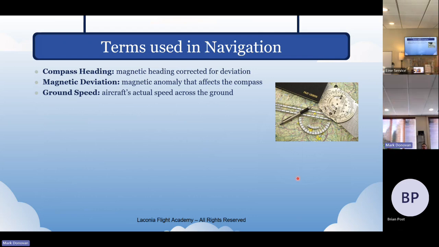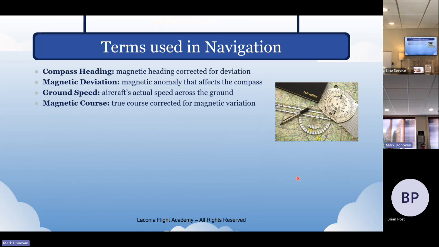On the other hand, I could be going 90 knots airspeed and have a 30 knot tailwind, so now I'm going 120 knots across the ground, and that's called ground speed. We care about ground speed because when we're making these cross-country flights, we're seeing how fast we can get across the ground. It's not just associated with the airspeed, but also whether we get a headwind or a tailwind, or some version of that.